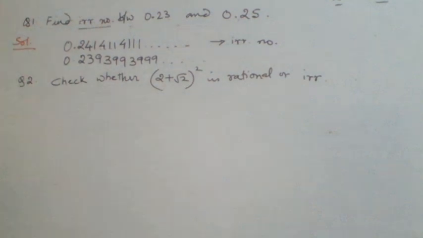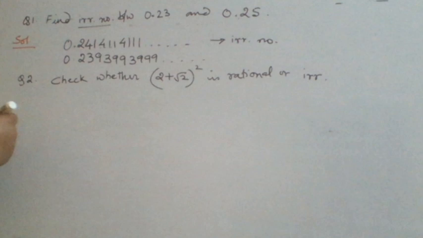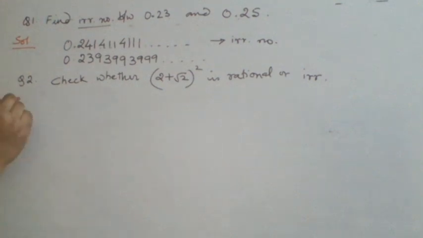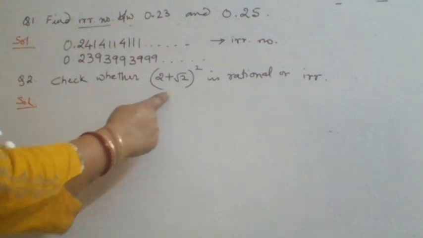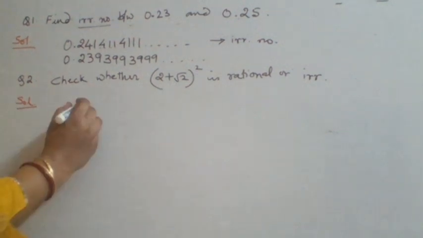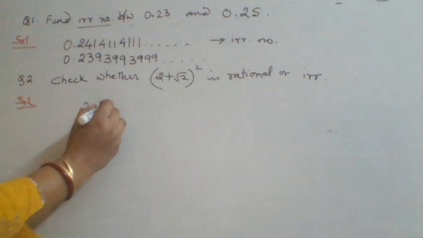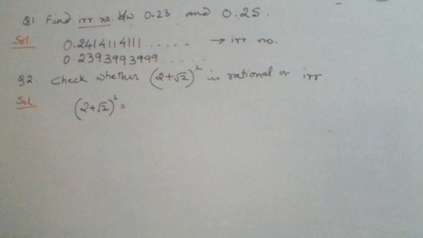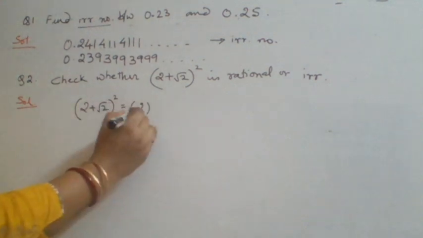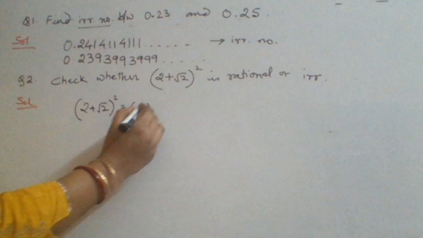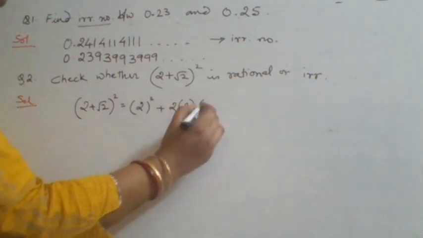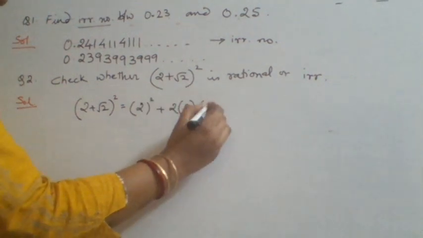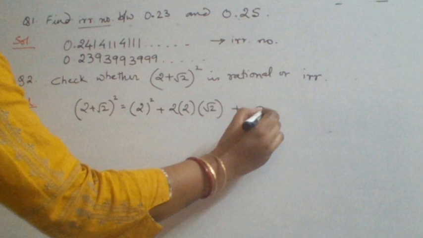So this is a square, and we have already done in the chapter of polynomials that identity. So we will apply the identity and find the square of this number. 2 plus root 2 whole square, using the identity a plus b whole square, is 2 square plus 2 into 2 into root 2 plus root 2 square.